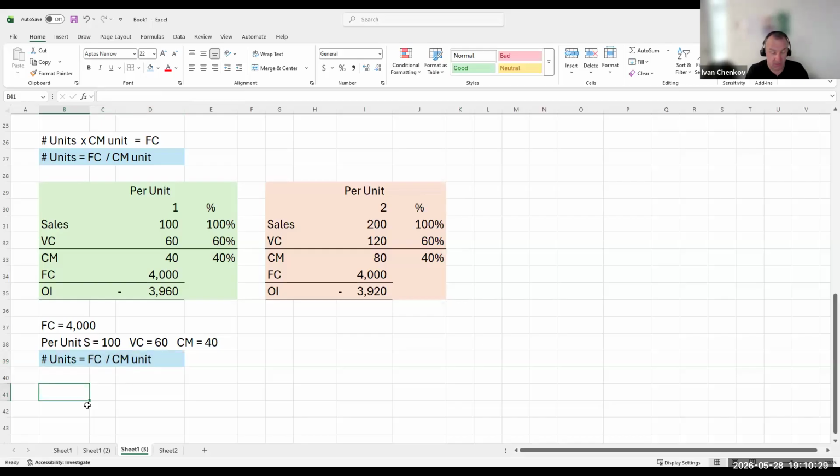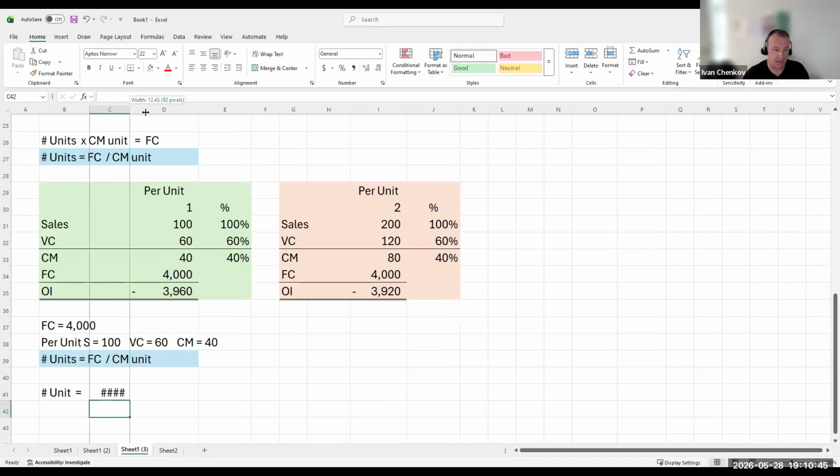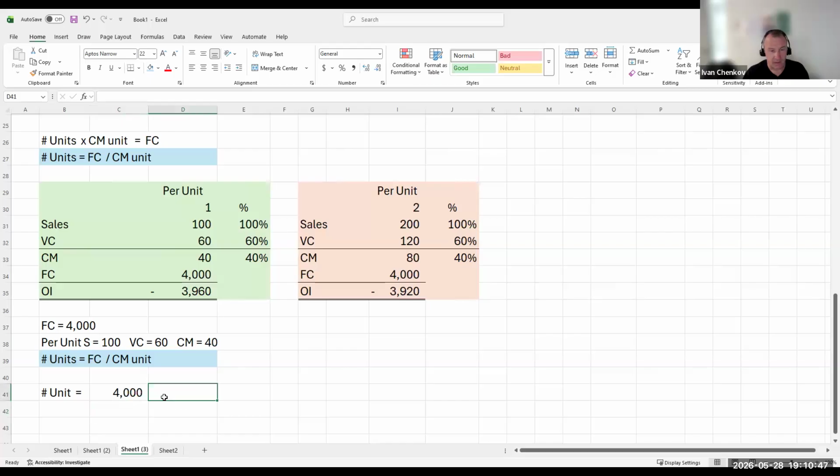I want to find out the number of units that I need to sell, and that should be equal to fixed cost, which is 4,000 in my case, divided by the contribution margin per unit, which is $40.